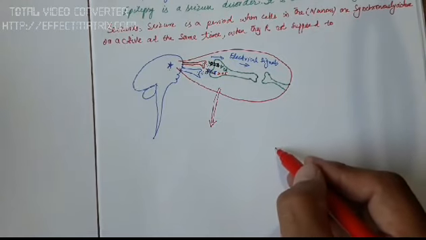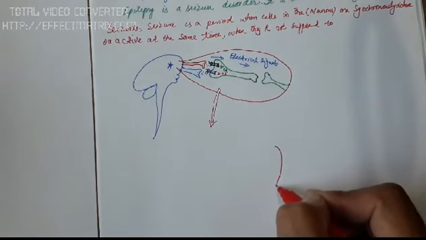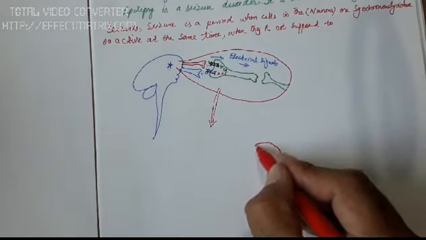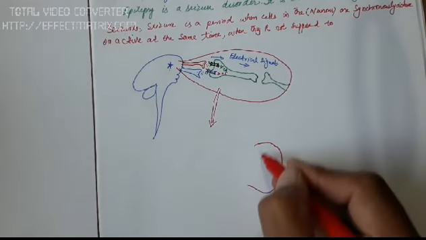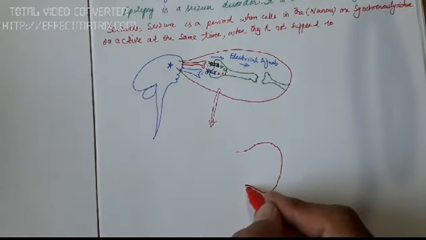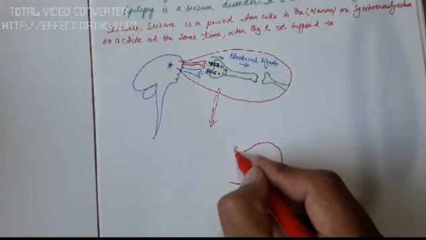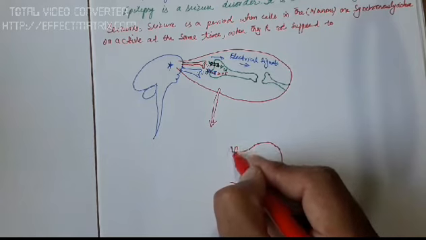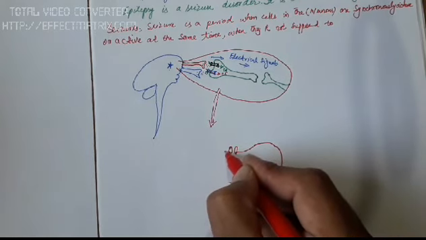For example, this is the glutamate releasing neuron.